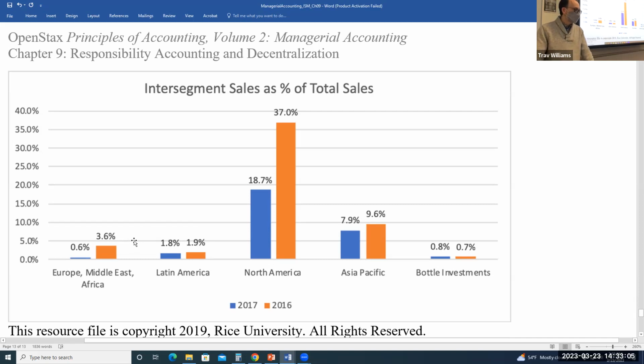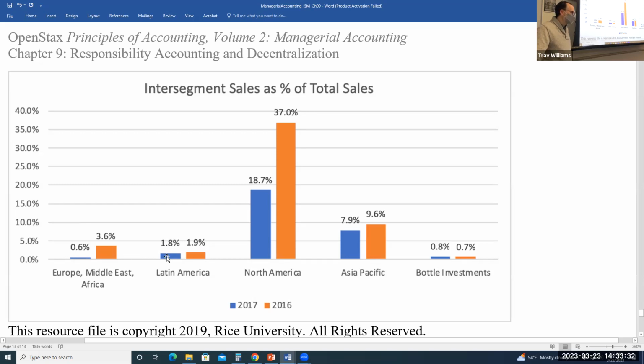So if we look at the chart, it's a lot easier to see what's going on. Orange is 2016, blue is 2017. In that same Europe, Middle East, Africa region, we see their inter-segment sales within Coca-Cola decreased from 3.6% in 2016 to only 0.6% in 2017.